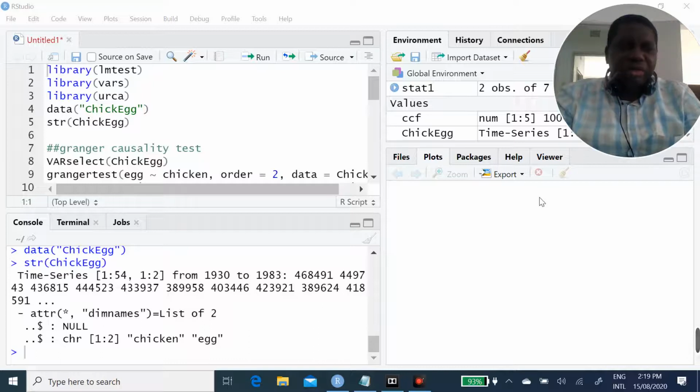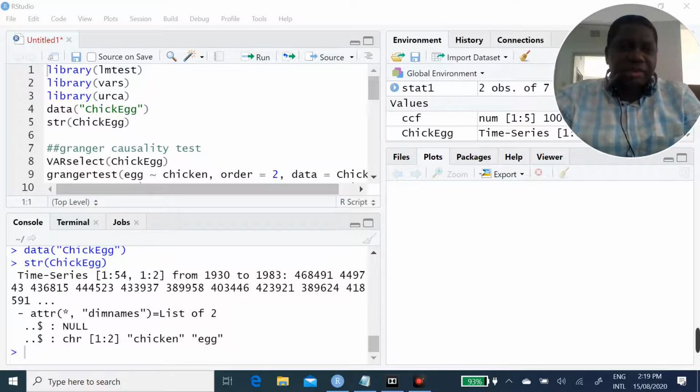I want to welcome you to an easy to understand tutorial on the use of R for causality and cointegration analysis. We need just 3 packages to do that.